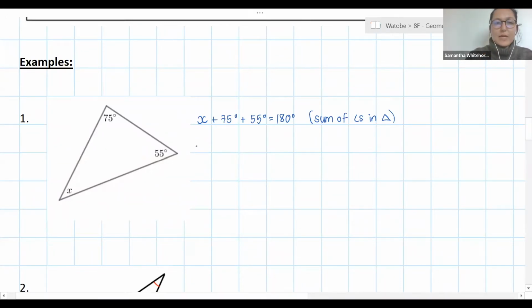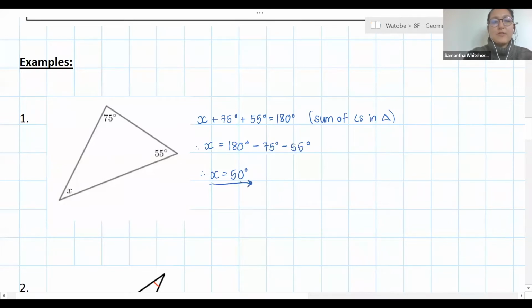We're solving for x, so I need to use inverse operations. x is equal to 180 minus 75 minus 55. I see some beautiful answers coming in on the chat. Well done, everyone. We know that x is equal to 50 degrees.